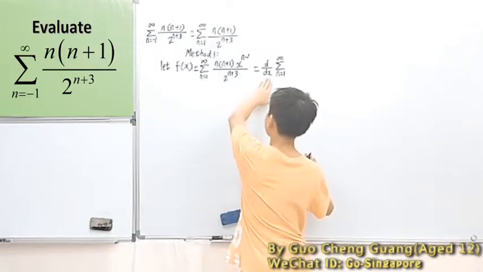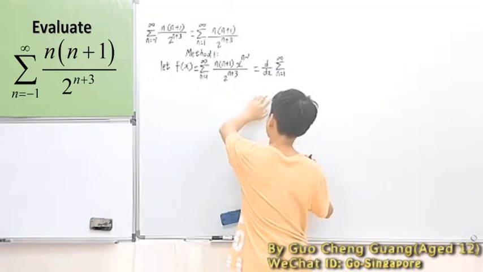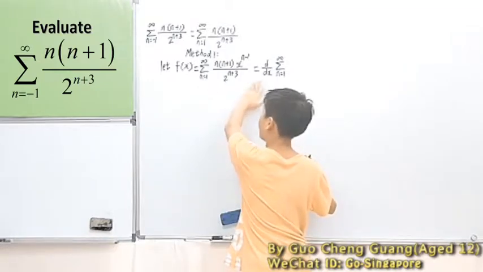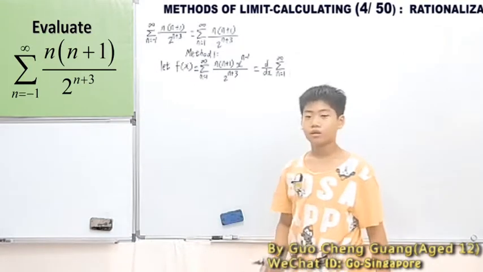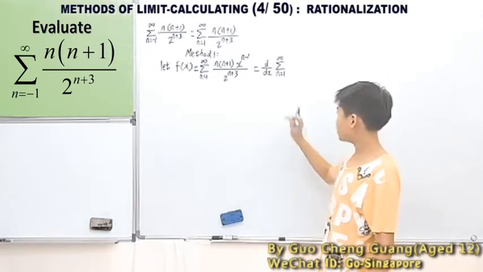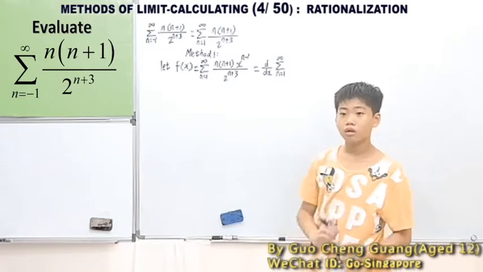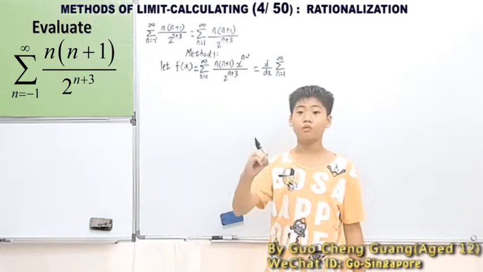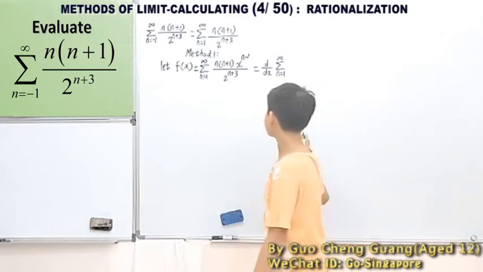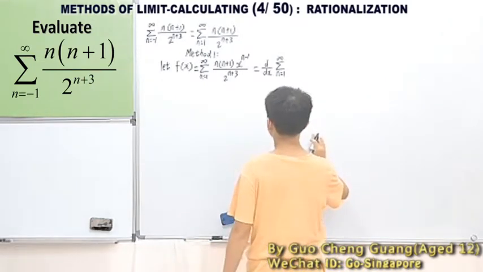Of course, because even if you start from other numbers, for example 1, 2, this d over dx does the job. All those constants differentiate to 0. Don't need to care about them. So it becomes like this.